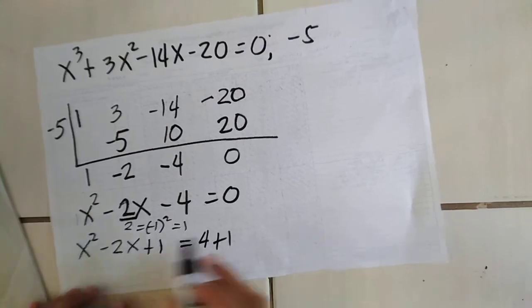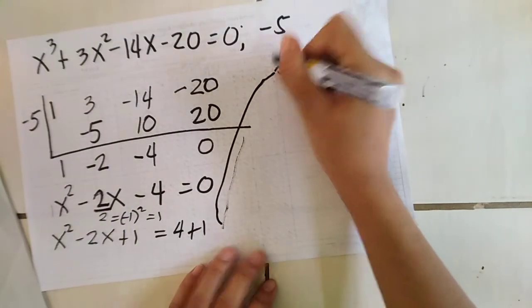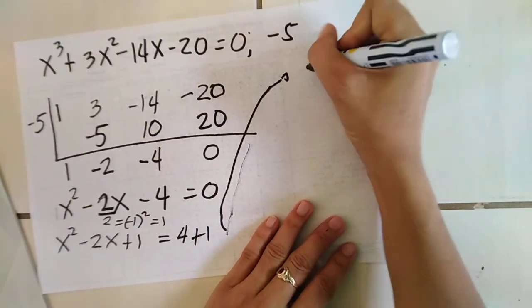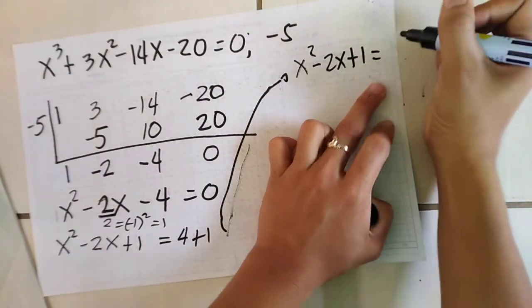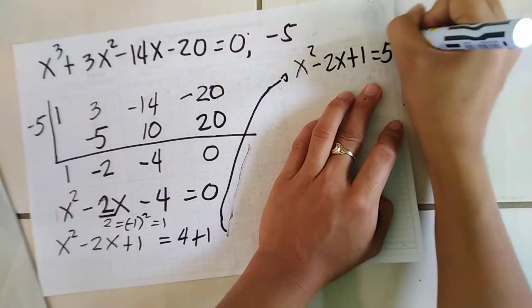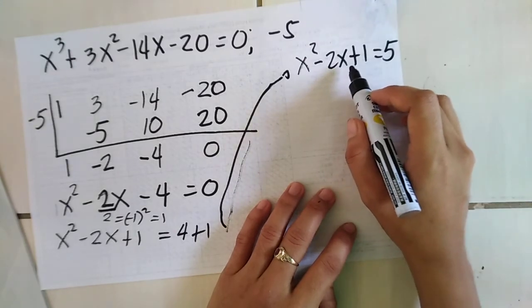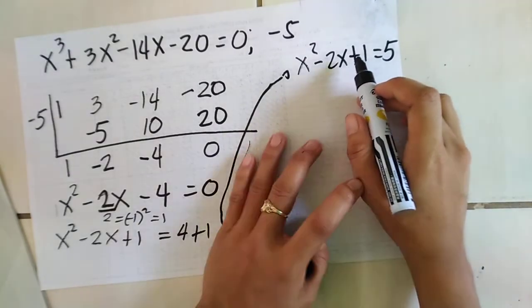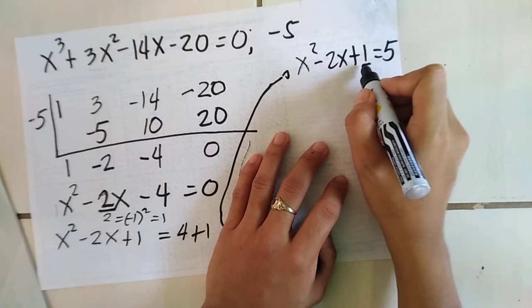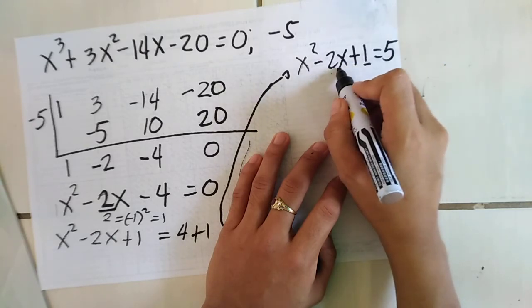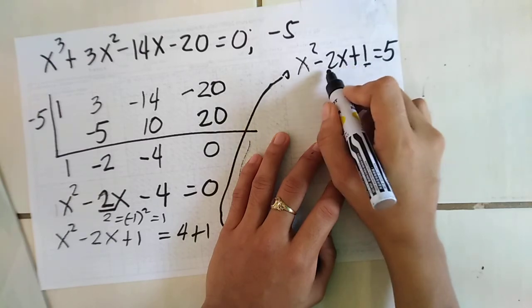So x squared minus 2x plus 1 equals, what is 4 plus 1? That is 5. Then x squared minus 2x plus 1 is a perfect square trinomial. The factors of 1 that add up to negative 2 are negative 1 times negative 1, which is positive 1, and negative 1 plus negative 1 is negative 2.